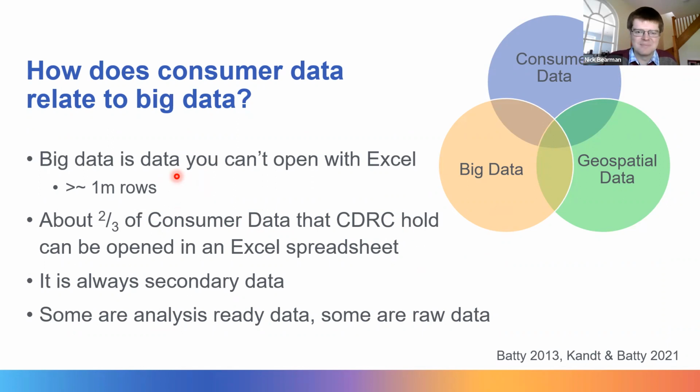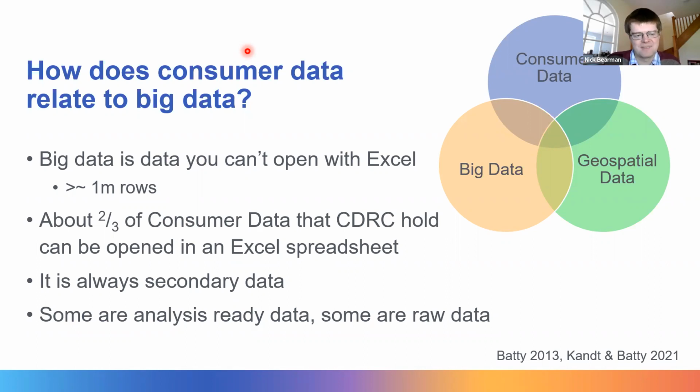There are all sorts of big data out there: sensor data, Internet of Things, and some transaction data does count as big data. But a lot of consumer data isn't big data. About 2/3 of the data the Consumer Data Research Centre holds is not big data. We might call it small data, if you like, or you can open it in Excel and do some work with it.